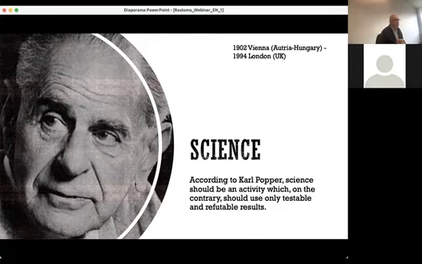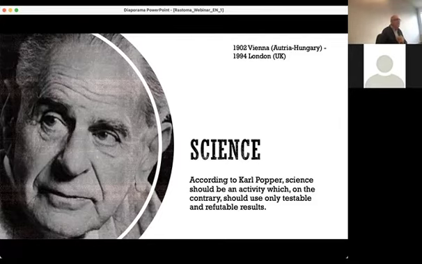Science should be an activity which uses only testable and refutable results. This is very important: when you are doing science, you must test, and following the test, you can prove it is wrong or not.